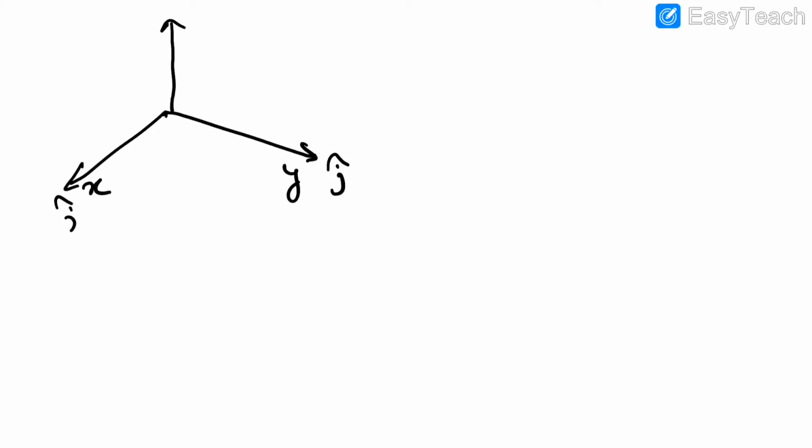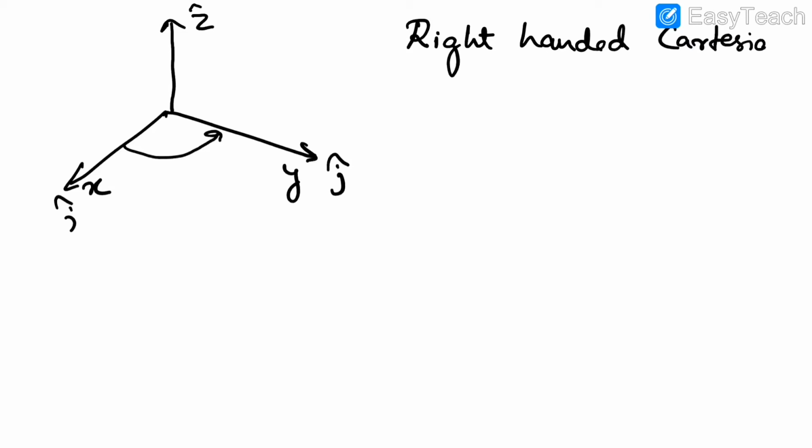Why? Because if you go from x to y, the z direction will be pointing along the right hand thumb. Okay, so that's why it is called what it is called. Please remember, right handed Cartesian coordinate system. Along z there is k cap. The angle between each of these is 90 degrees. You already know that they are mutually perpendicular, right?